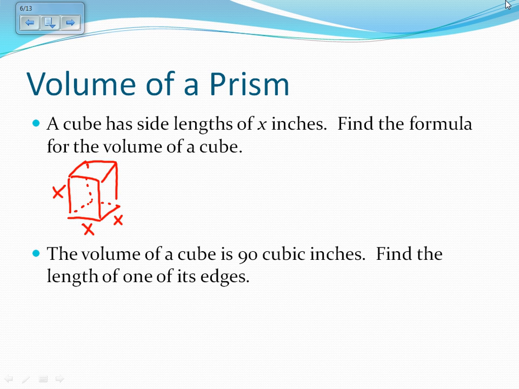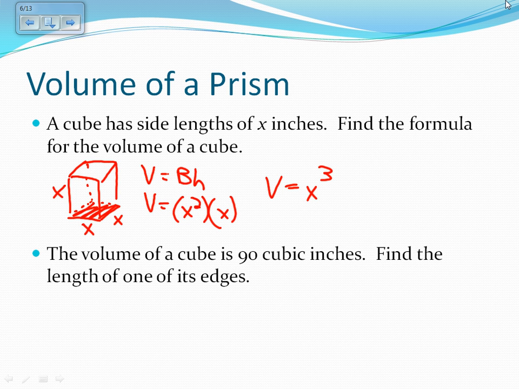Well, the volume is the base times the height, correct? What's the base here? X squared. Why? See the base right here? See how it's x times x? So the volume is equal to the base, which is x squared, times the height, which is also x. So the volume of any cube is equal to x cubed, which is why it's called a cube.